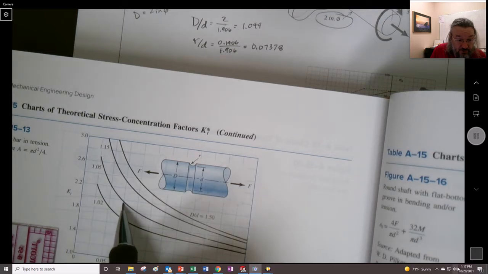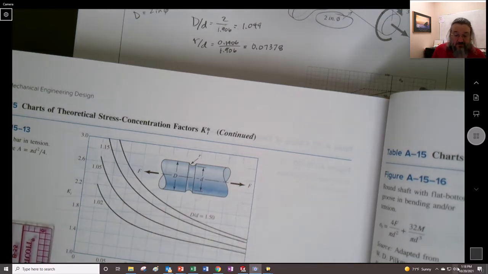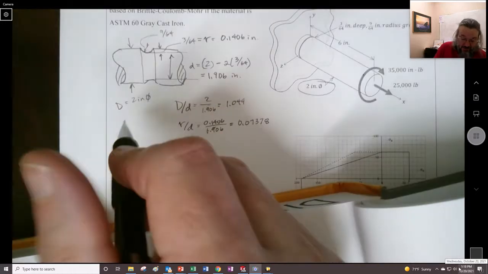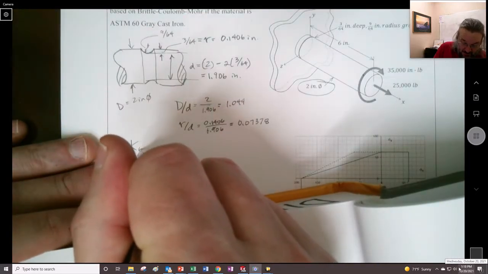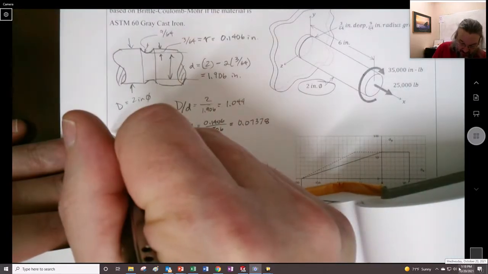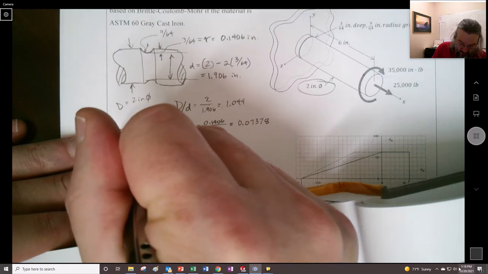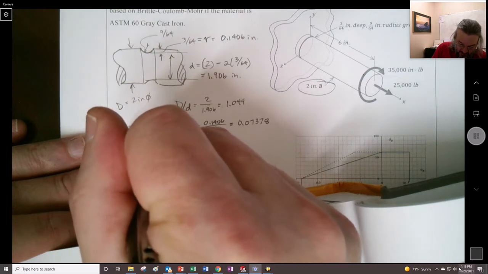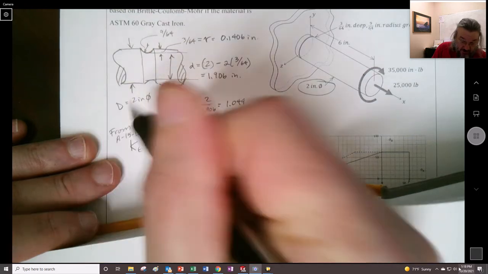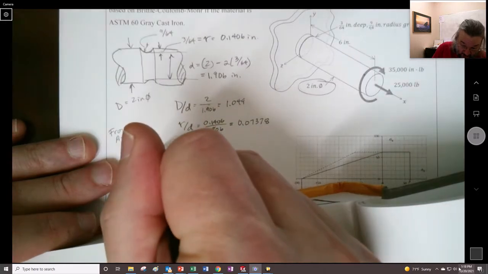And so this is just below 2. I said that it was 1.98. That's pretty nitpicky. You could go with 2. 1.98, so I'll write that down. That the KT is approximately, and this is from A15-13, 1.98.